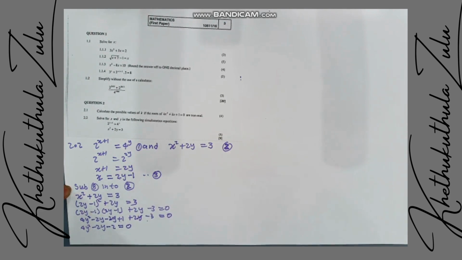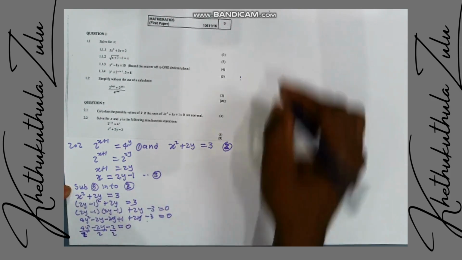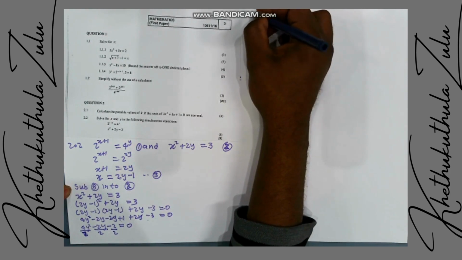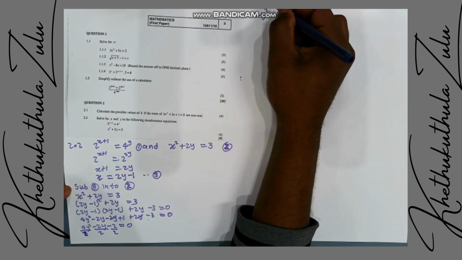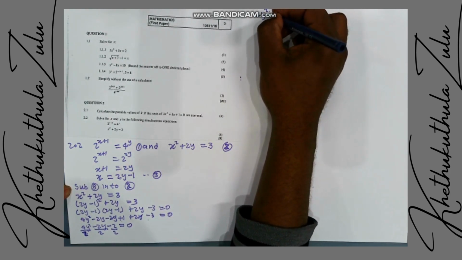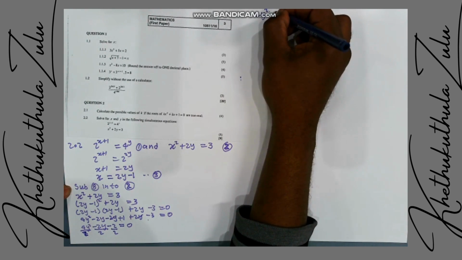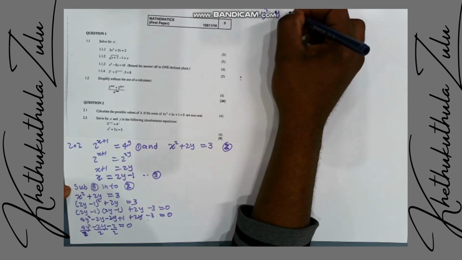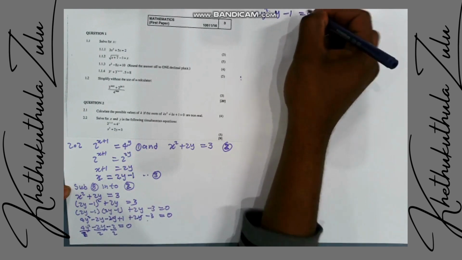From here you can take a common factor of 2. If you don't want to take a common factor, we can divide by 2. Dividing by 2, we are left with 2y squared minus y minus 1 is equal to 0.